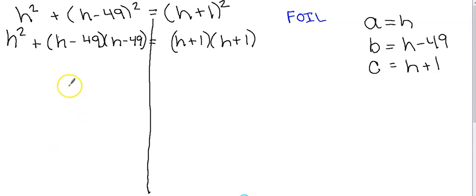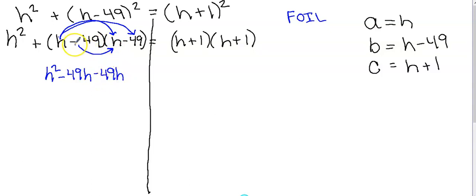Okay, now that we've written them out, let's go ahead and FOIL. We have first times first: H times H is H squared. Outside times outside: H times negative 49 is negative 49H. Inside times inside, negative 49H. And last times last, negative 49 times negative 49 is positive 2,401.